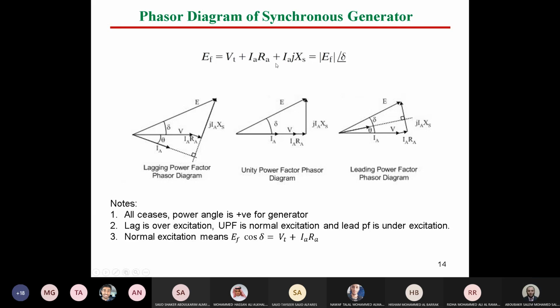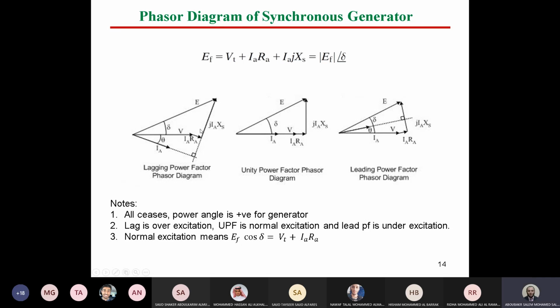Then IAJXS, which means J, 90 degrees, a right angle on the vector of IA. So this is a right angle on IA, and this is the magnitude of IAXS. So the summation of the three vectors will be the resultant one, EF.